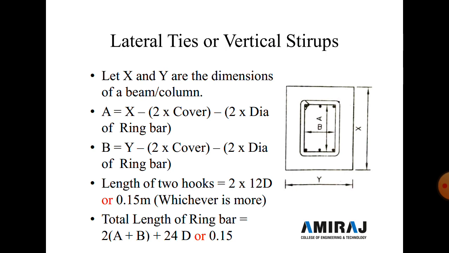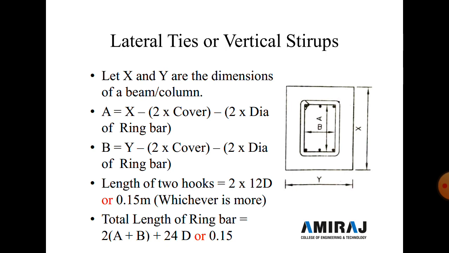A and B are the inner-to-inner distances of the stirrup, and first we calculate A. A is equal to x, the total depth, minus 2 times cover, since cover is provided at both sides, minus 2 times the diameter of the ring bar.